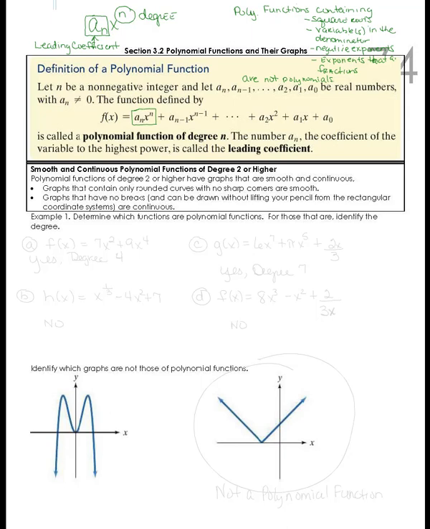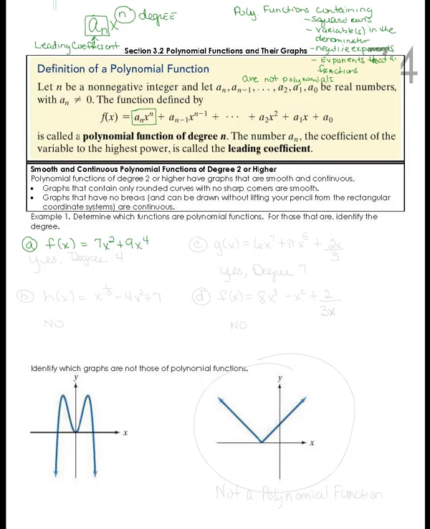Example 1: determine which functions are polynomial functions. For those that are polynomial functions, identify the degree. Let's look at the first one. f of x is equal to 7x squared plus 9x to the 4th.